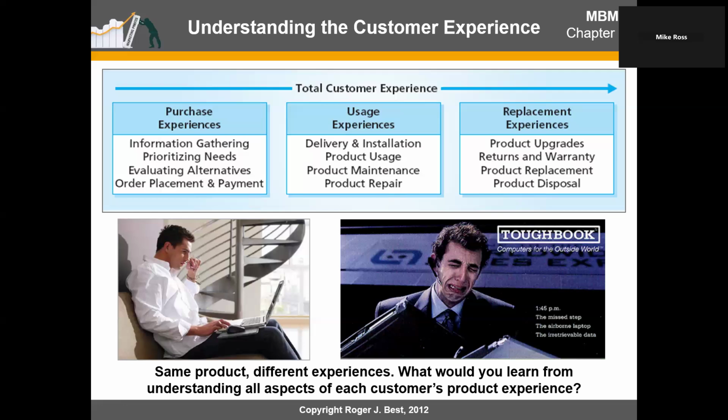That could be an upgrade, or maybe something breaks, how can I get it fixed, returns and warranties. If I want to replace my existing product, is it compatible with other products up and down the product line?